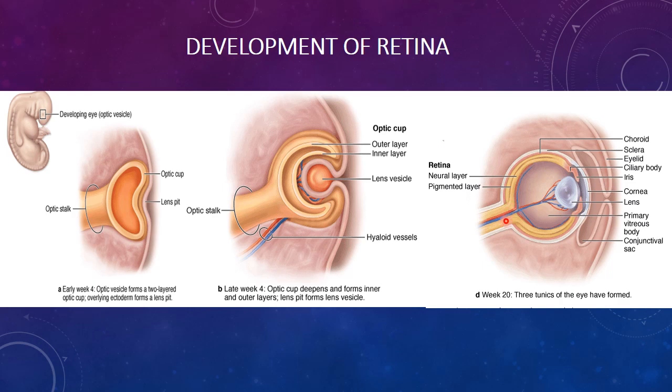So during the processing of histological slide formation, these layers can be separated easily. They can also be separated in pathological conditions, as a result of injury or in diabetes mellitus, where the neural retina may become separated completely or partially from the pigment epithelium of the retina. This condition is known as retinal detachment.